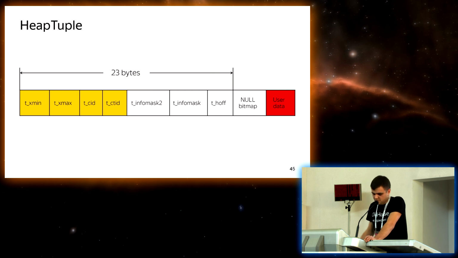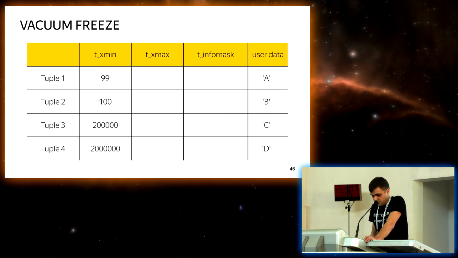CTID is the address of this line, the number of the page, the line inside the page, various flags, bits, etc., like hint bits, for instance. Then there's the header offset, the header together with the bitmap. Each bit there shows whether a value is null or something different. And the user data.